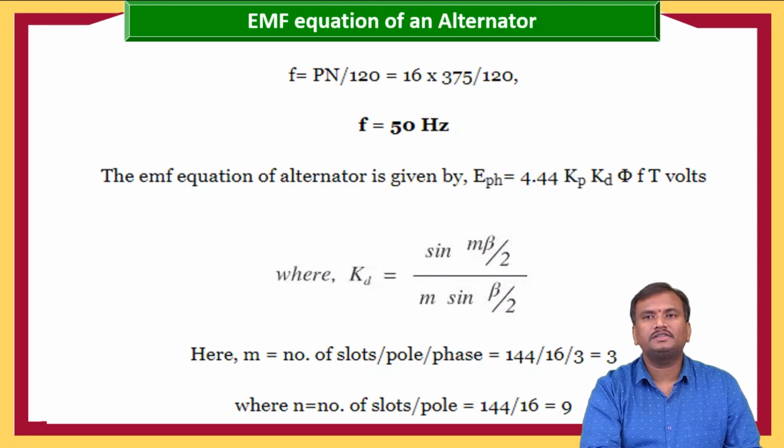Number of slots is given as 144 divided by number of poles 16 divided by phases 3, so we get m value as 3, and n is equal to number of slots per pole, that is 144 by 16, that is 9.